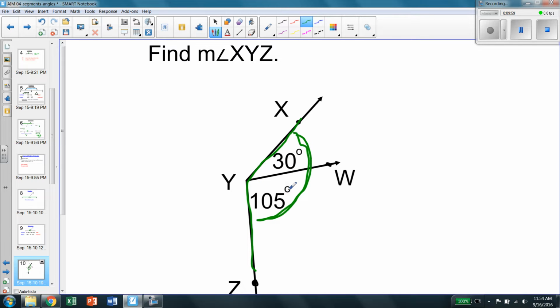So if I can put these two together, 30 plus 105, that's going to give me 135 degrees is the measurement, right up here I could even say, the measurement of angle XYZ is 135 degrees. Does that work for other things? Sure.